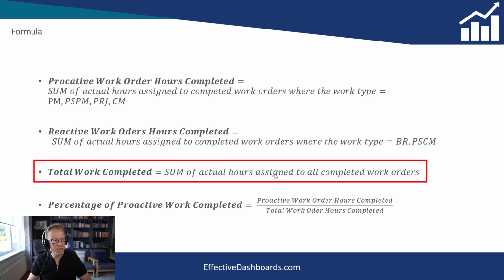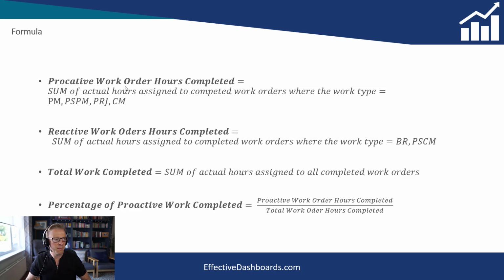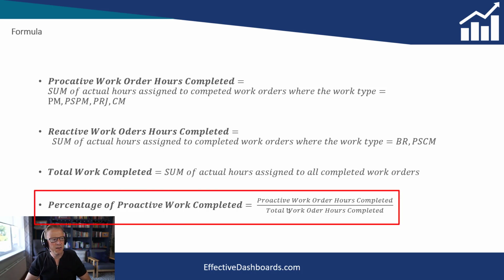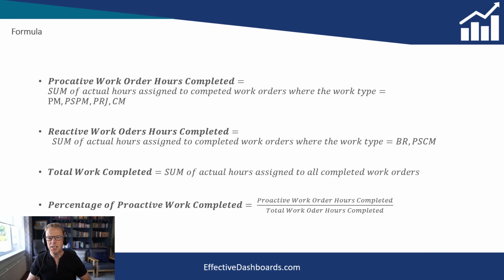Then we calculate the total work completed, because we need the proactive work as a percentage of the total work completed in that period. That's what we'll do at the bottom here, the percentage of proactive work. So it's pretty straightforward. Let's get into Power BI and start to build this calculation and the visualizations.